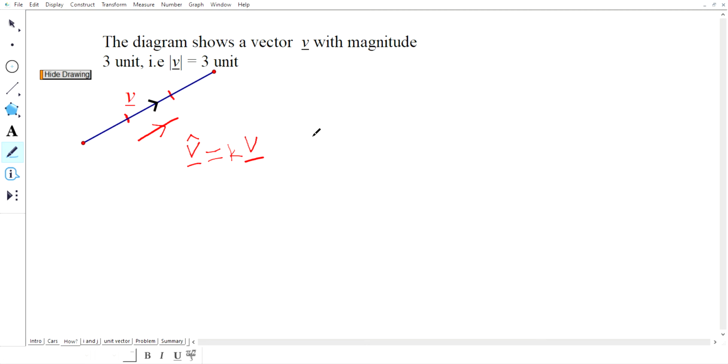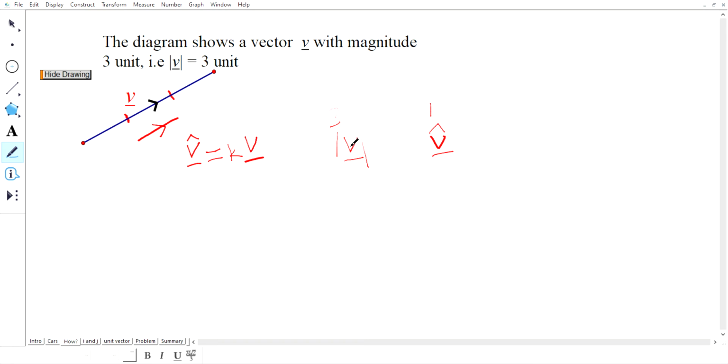Can you determine the value of k? To determine the value of k, compare the magnitude of vector V and the unit vector. We know that magnitude of vector V is 3 units and magnitude of the unit vector is 1 unit.